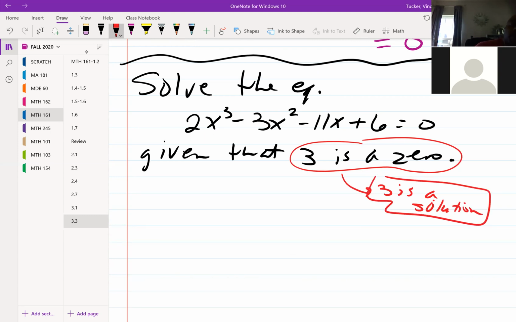That's just another way of saying that 3 is a solution. Also, this means that when I plug in 3, I get 0 out. So if I were to plug 3 into that function, the result is supposed to be 0.